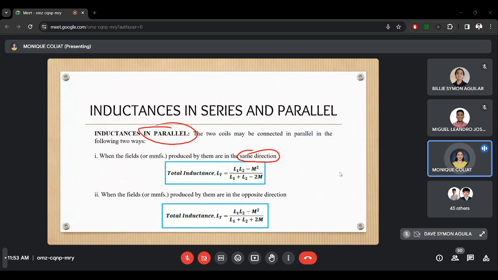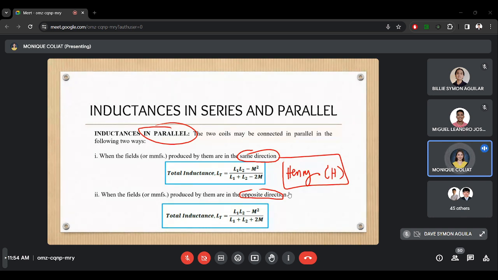The unit is still Henry, or capital H. Whenever inductance is being asked, its unit is Henry. How about in opposite direction? When in parallel with the flux in opposite direction, your total inductance will be equal to L1 L2 minus M squared over L1 plus L2 plus 2M. Again, it's still Henry.